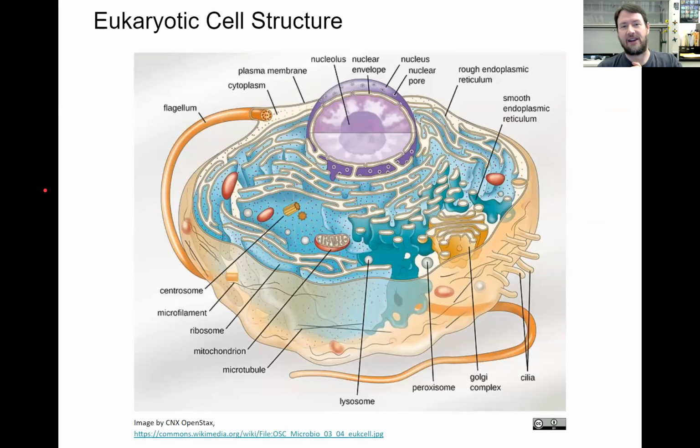Ooh, these are a lot more complicated, right? I'm not even going to read off all of the parts here, but I will say that there's still the plasma membrane surrounding the whole thing. There's still cytoplasm. There's the nucleus, which has some separate parts, and then a bunch of other stuff, right?